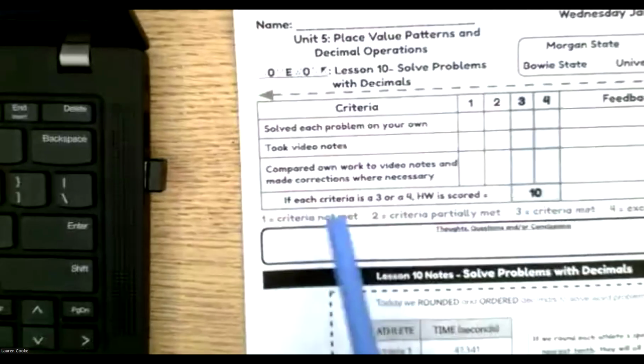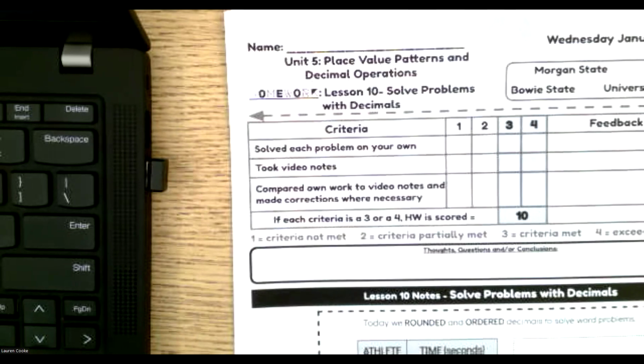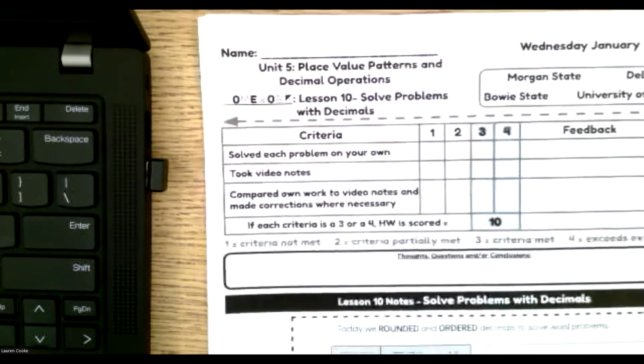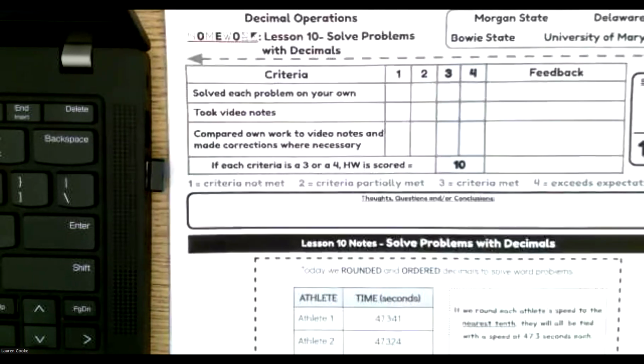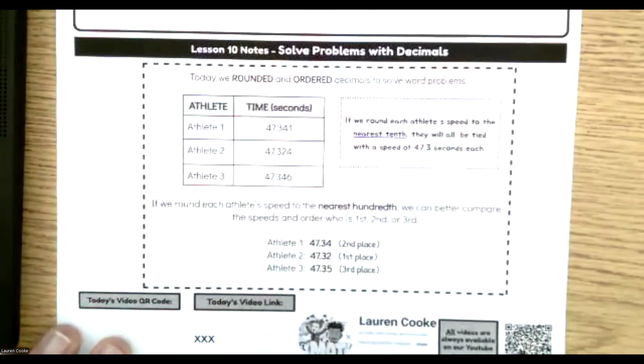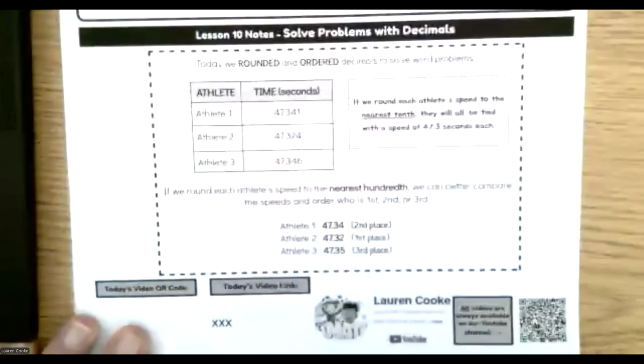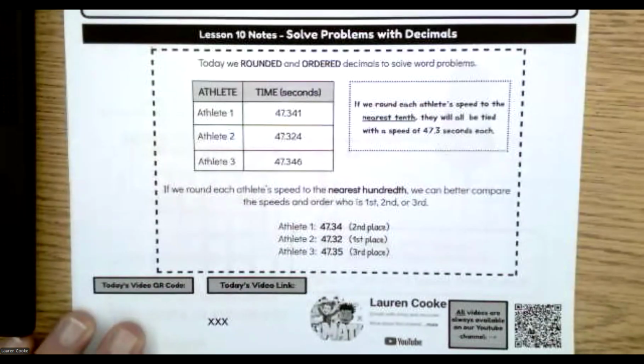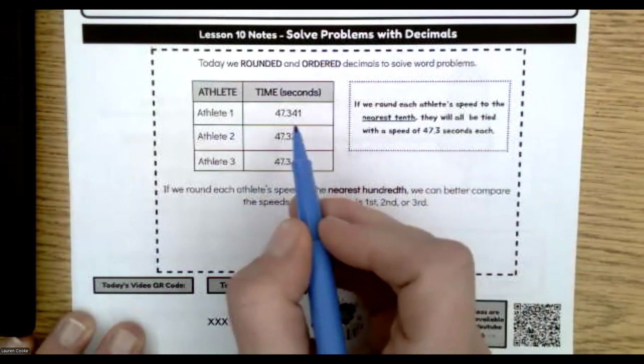Okay. Let's get to some homework. All right, so this is homework lesson 10, solve problems with decimals. We were still rounding and finding the place value and making sure that we have identified the place value.